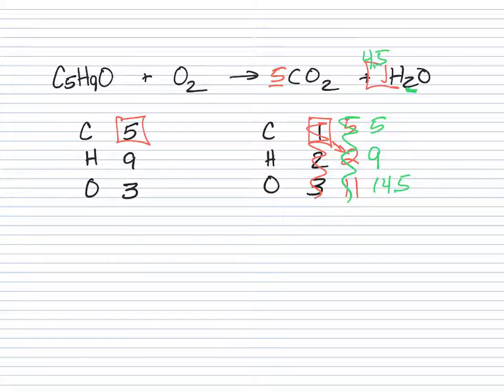Okay, so my oxygens are a problem because they're in 2 places on the reactant side, here and here, and I need to have 14.5 of them. We have 1 here. See where I'm coloring in? We have 1. So really we need 13.5 here. What number times 2 is going to give me 13.5?